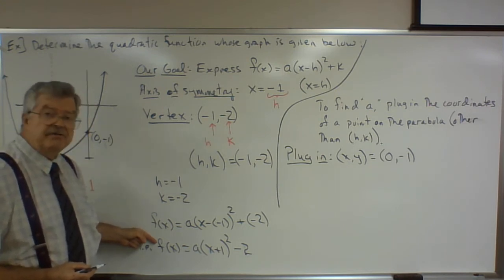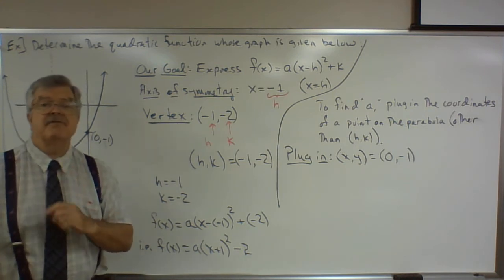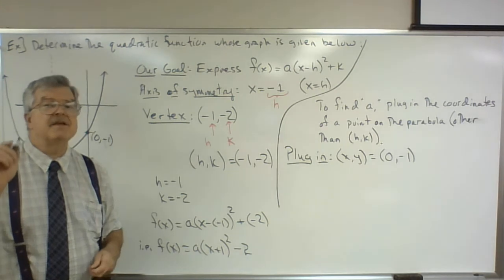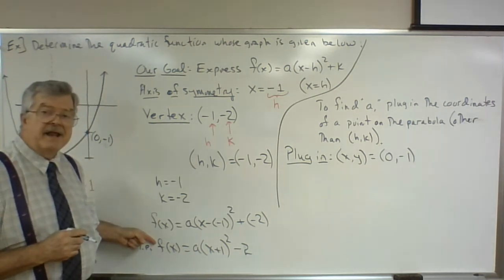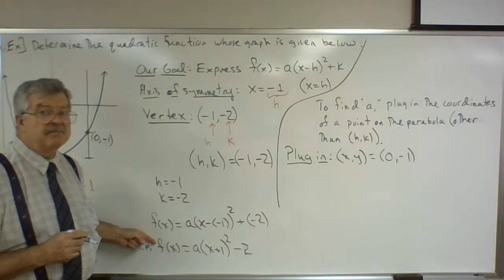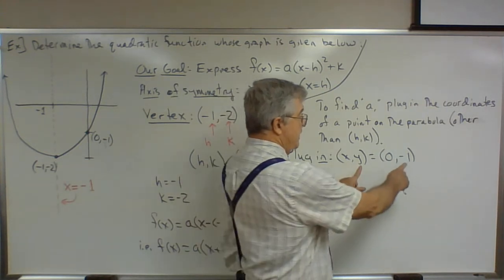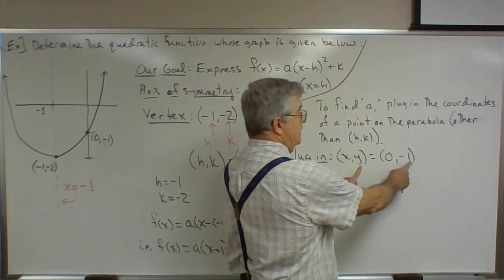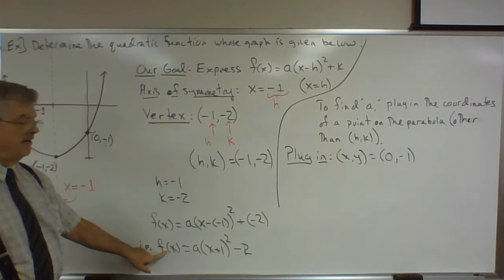We don't literally see a y here. But in the context of a function f of x, what is y? Aren't y and f of x the same thing? So this y-coordinate, -1, is what we're going to plug in for f evaluated at x when x is 0.